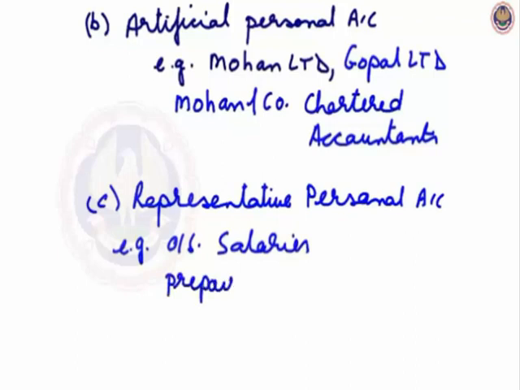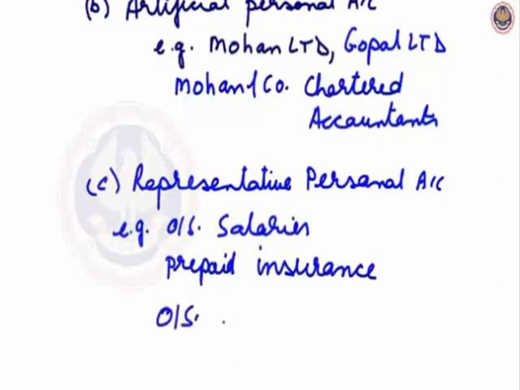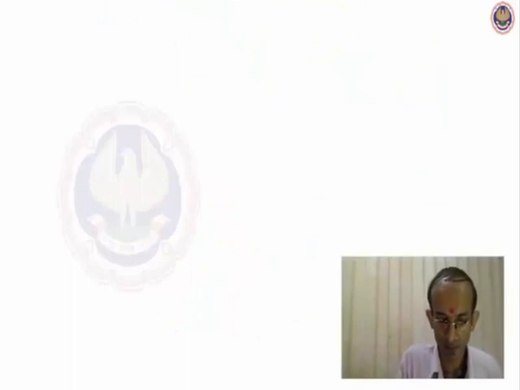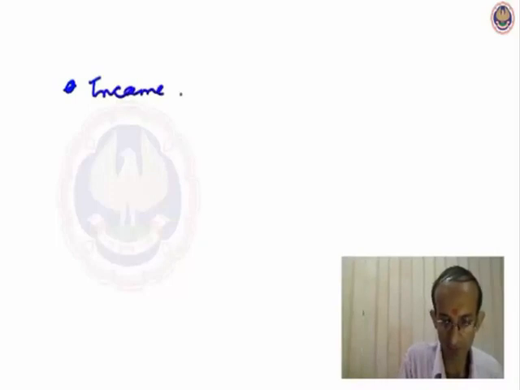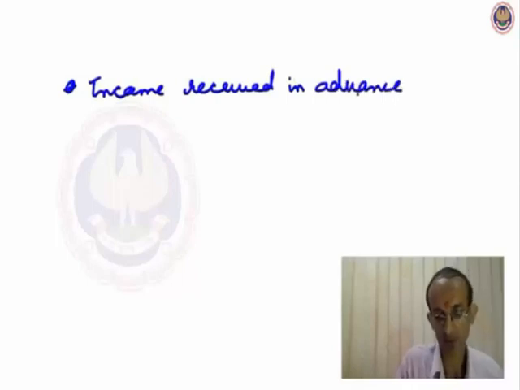prepaid insurance, outstanding income, then any type of income received in advance. Income received in advance is included in the representative personal account.